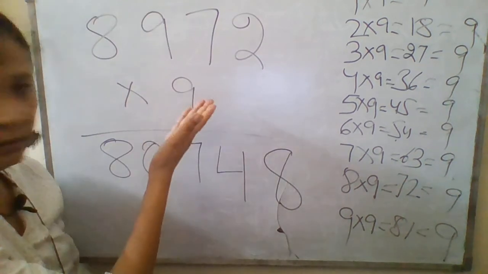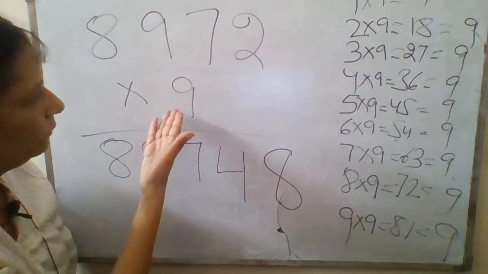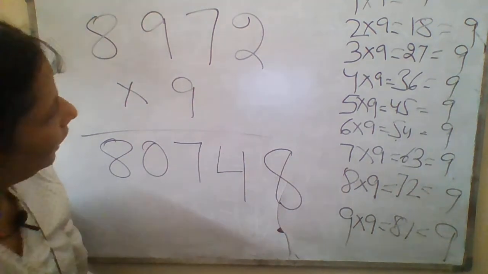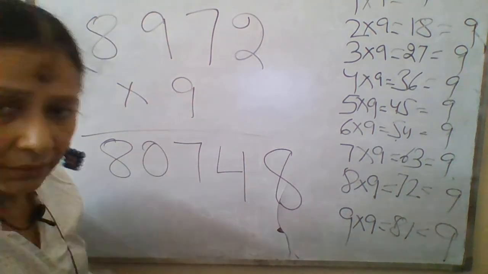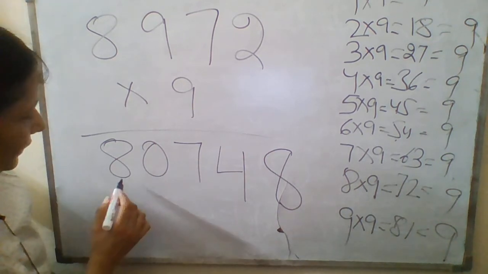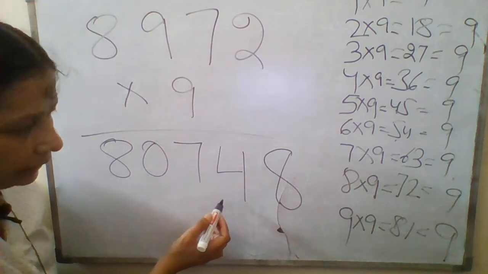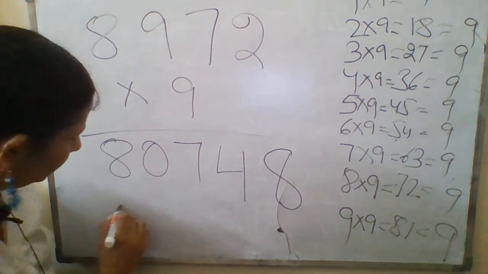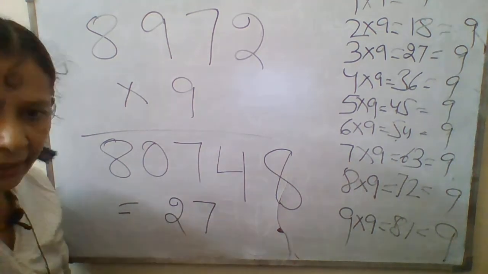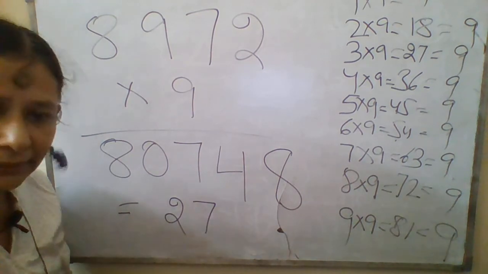Now you see, I have taken a bigger number, 8972, and I multiplied it with 9. So I got this result. Now you have to check the DR. To check the DR, you have to add all these digits. 8 plus 7 is 15. 15 plus 4 is 19. 19 plus 8 is equal to 27, but again this is a double digit.